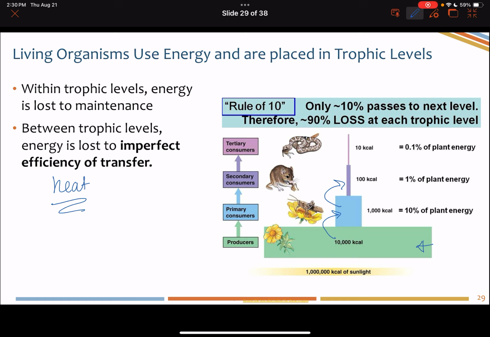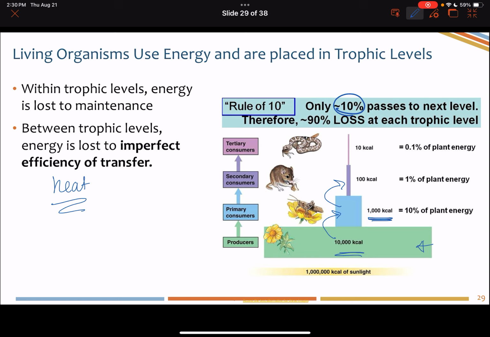But only about 10% of energy is transferred to the next trophic level. We call this the rule of 10 or the 10% rule. And that means that of 1,000 kilocalories in plant energy, only 100 kilocalories is passed up to the next level. In this example here, we have 10,000 kilocalories of energy and only 1,000 available to the next level.